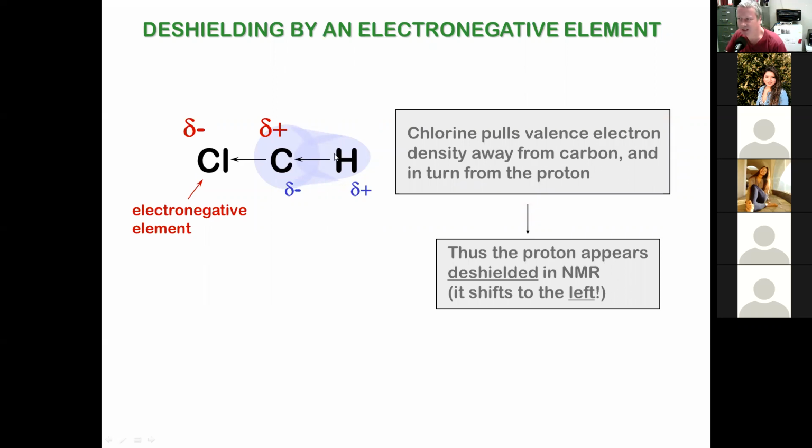What happens to the electrons? The electrons are shielding, but if the electrons get pulled away, it's deshielded. Chlorine pulls the valence electrons away, and they're not shielding the proton anymore. Thus, the proton appears deshielded and it shifts to the left. This is a simple situation. We just explained it, right?